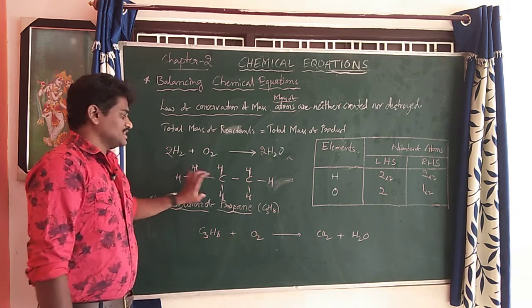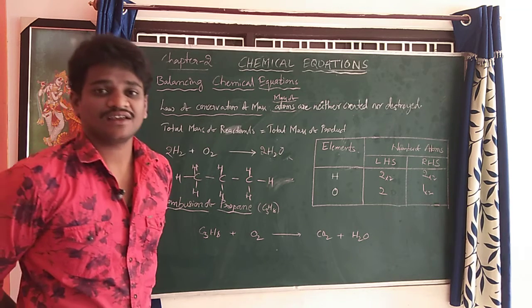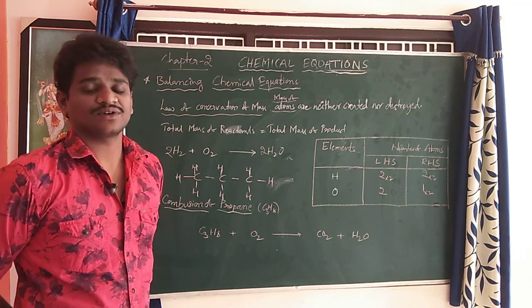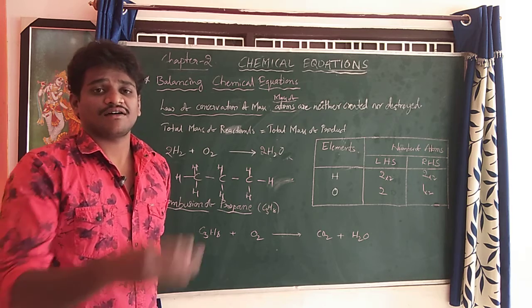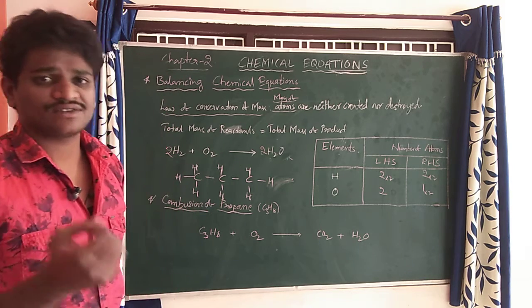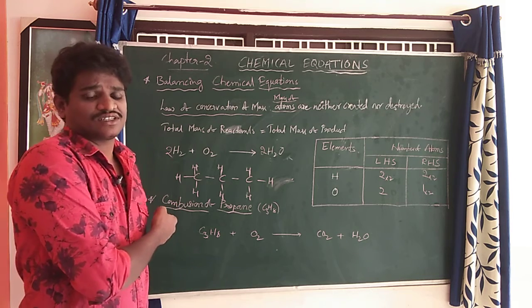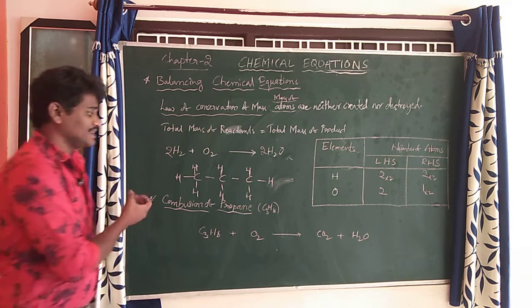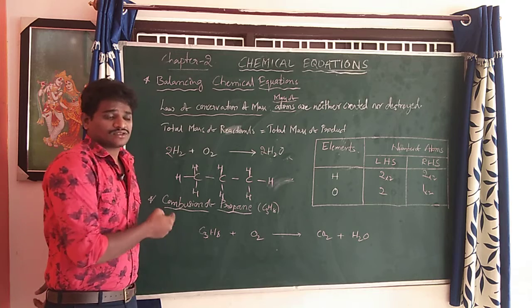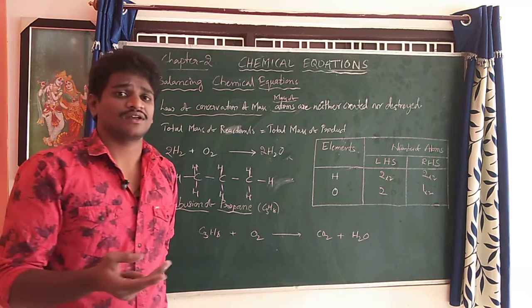What is propane used for? Propane is used as cooking gas. In each house we are using cylinders, right? In the cylinder, propane is used. It is a cooking gas. It is a highly inflammable gas, and it does not have any color or odor.